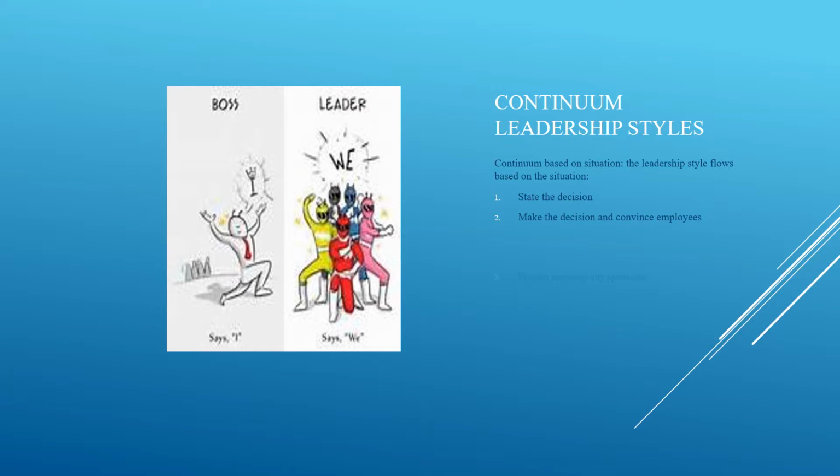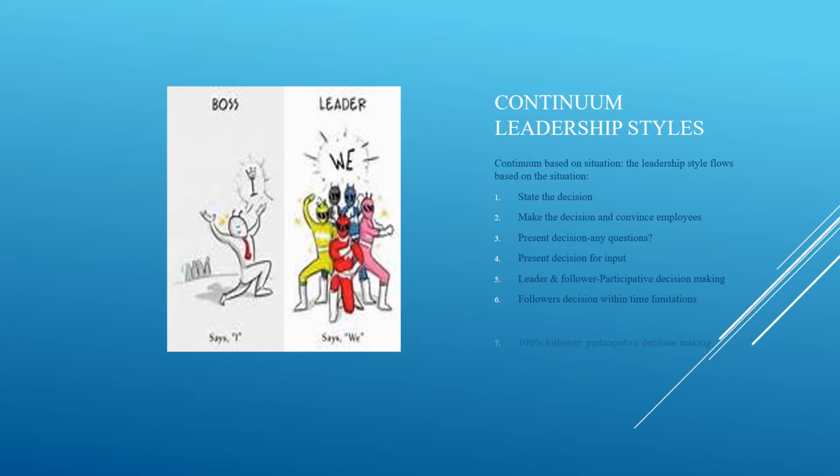The third and fourth levels of leadership are open to receiving input from employees. However, only the fourth level will have the opportunity to adjust the decision based on their input. Levels 5 and 6 allow the employees the opportunity to make the decision as presented by the leader within time limitations.